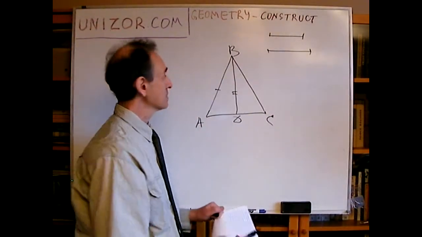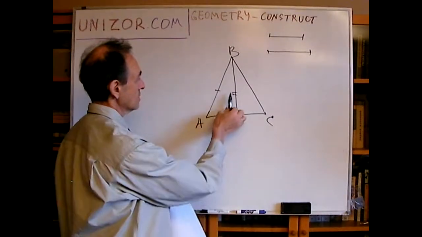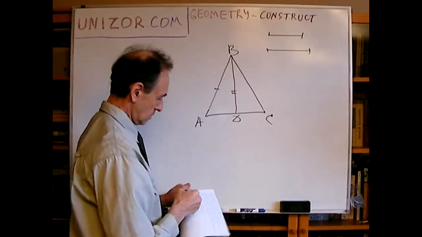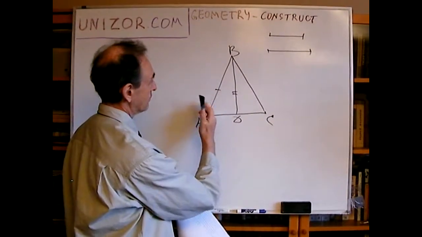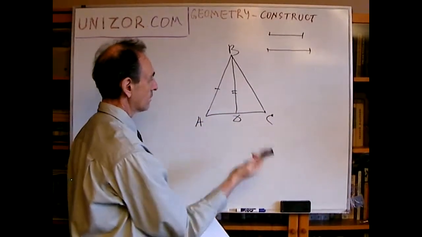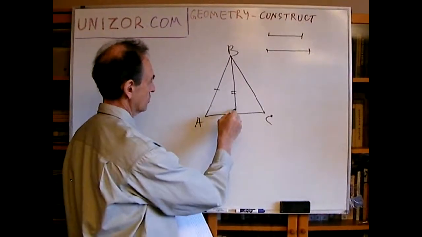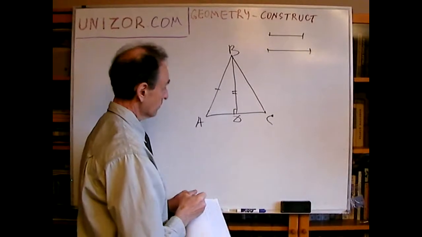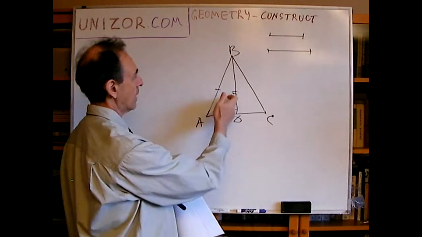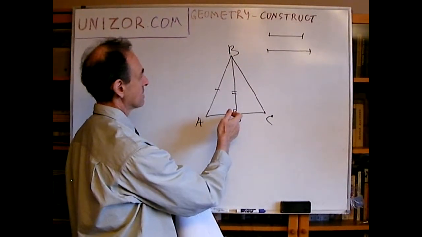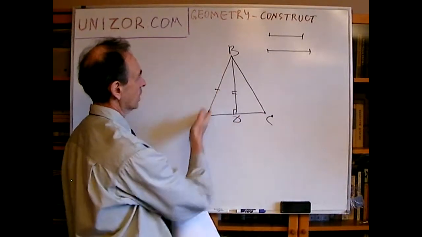another half by symmetry. So in this particular triangle, the half of the isosceles triangle, it's a right triangle because it's altitude. So I can construct it by the catetus, the leg, and the hypotenuse.